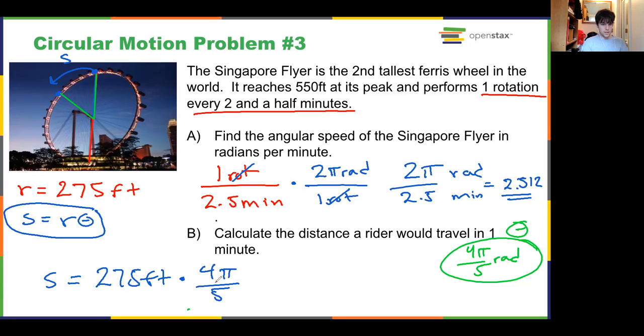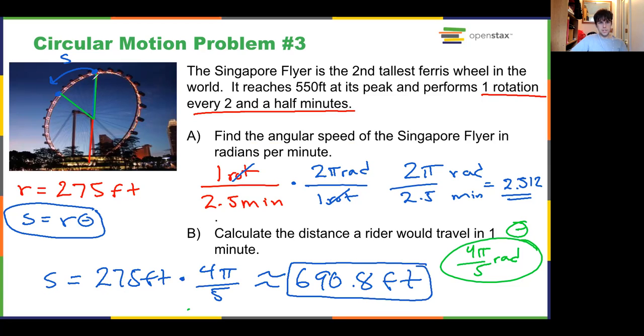So I'm doing 275 times 4 times 3.14 divided by 5. So we get the approximate distance that this person is traveling in a minute is around 690.8 feet. So that is the arc length that is being traveled here after a minute of rotation. I guess I kind of underestimated this angle, but you kind of get the idea, I hope.